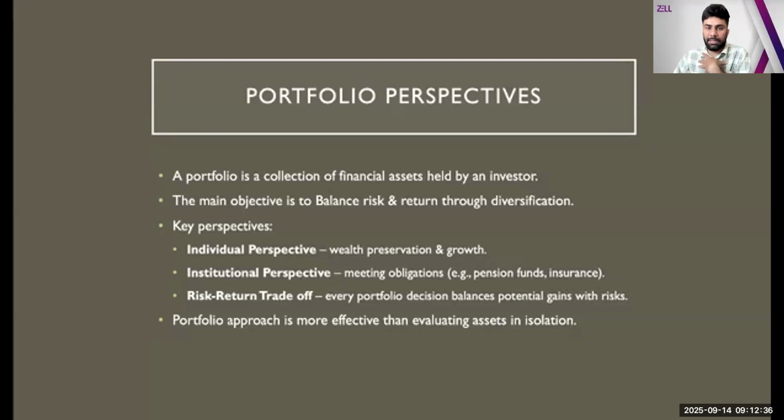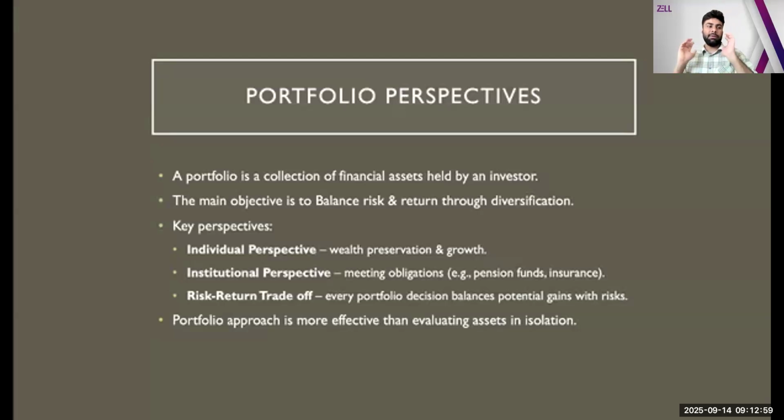So portfolio perspective or portfolio management teaches me why these different individual assets matter when I combine all of them together and form one portfolio. Different individual assets can behave differently, right? Yes or no?